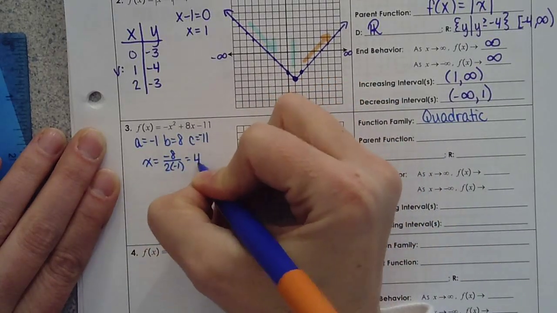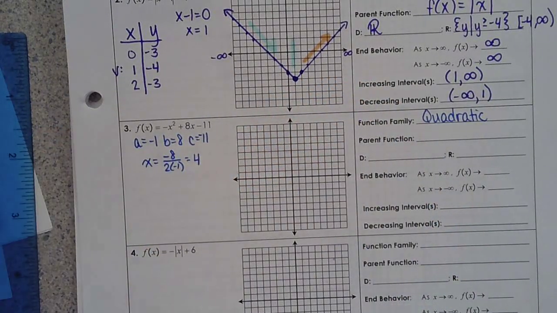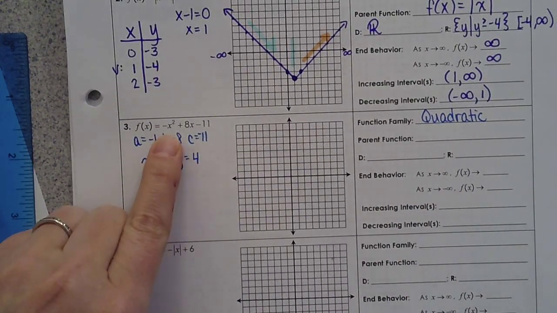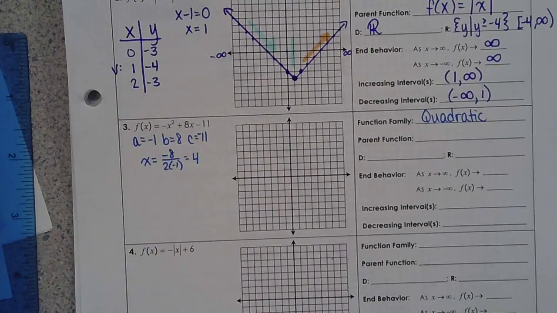This is going to give me positive 4. And then I take that x value and I put it back into the equation in place of x to get the y value that goes with it.